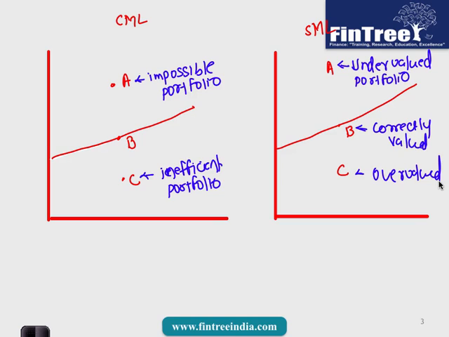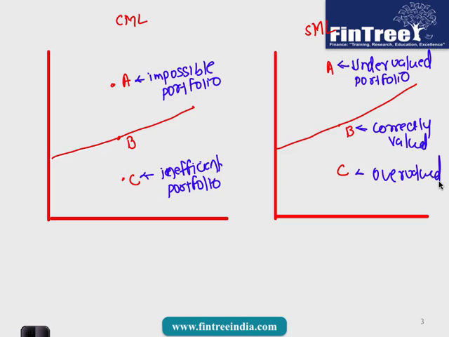In CML, A is impossible because you cannot beat the market in terms of efficiency. Assuming all prices are efficient, the market portfolio is the smartest portfolio because it gives you the maximum benefit of diversification, and therefore you cannot construct a portfolio which will have lesser standard deviation than the market, or the same standard deviation as the market but more returns.